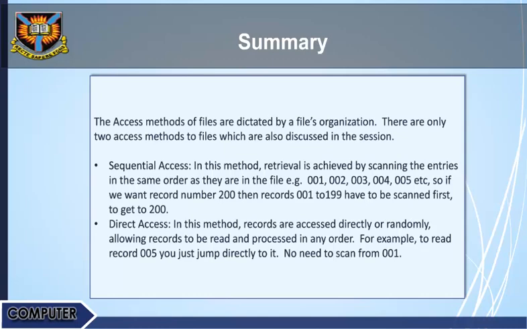Direct access. In this method, records are accessed directly or randomly, allowing records to be read and processed in any order. For example, to read record 005, you just jump directly to it. No need to scan from 001.